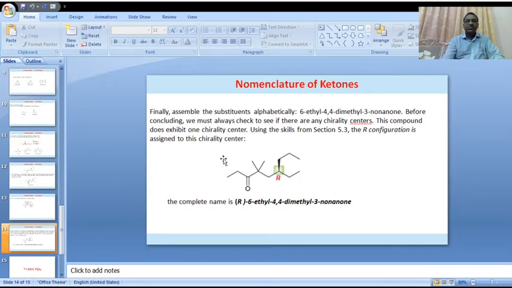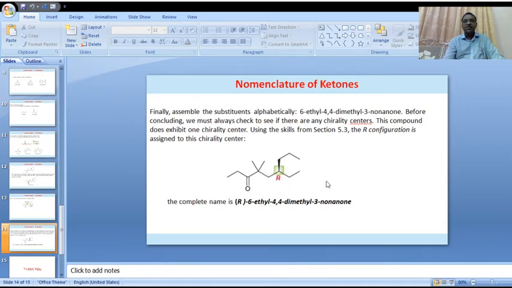Before concluding, we must always check to see if there are any chirality centers. Here there is a chirality center. Before concluding the name of this given organic compound, please check once if there is any chirality center.